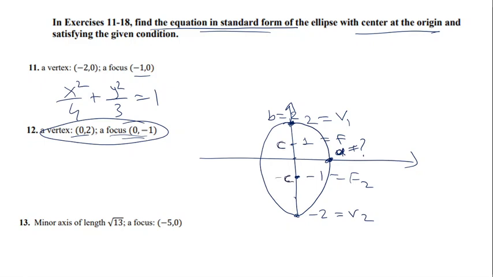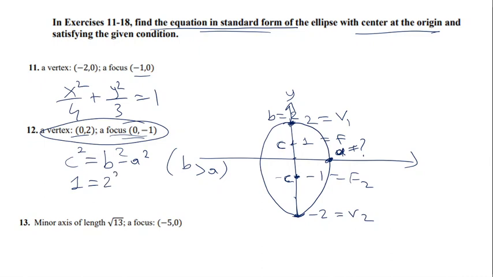So the relation between C and A and B is which one? It will be C squared equals B squared minus A squared, because here B is definitely bigger than A. We have the focus and the vertex on the major axis, the long axis, and the long axis is the y-axis, so B is bigger than A. So C squared is 1 squared, which is 1.